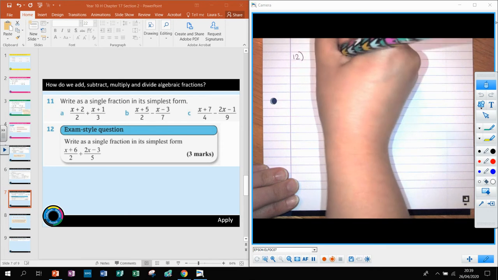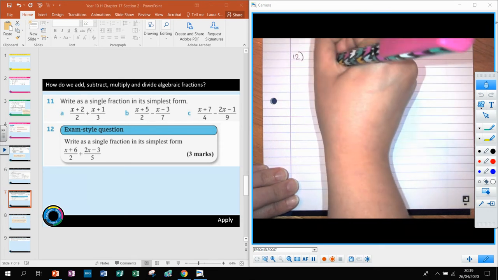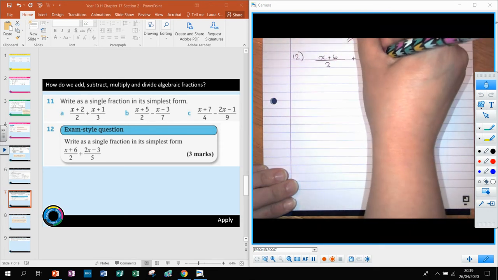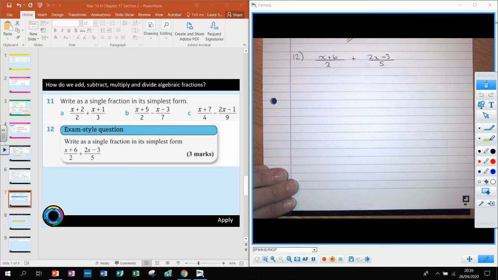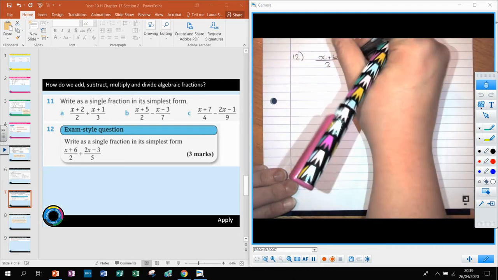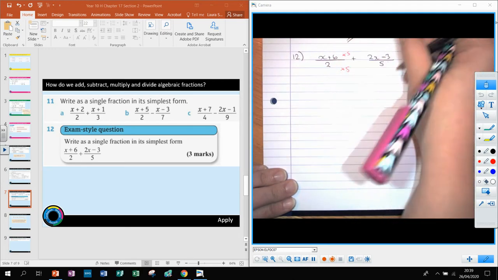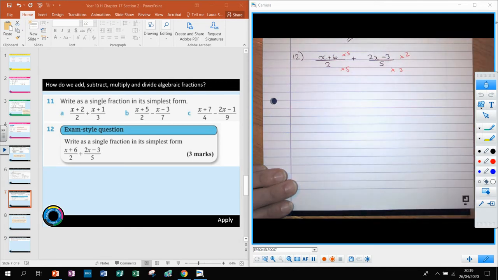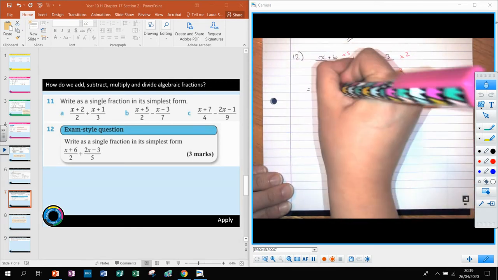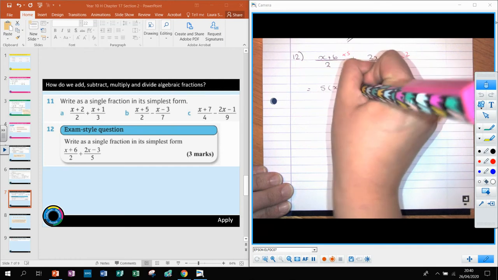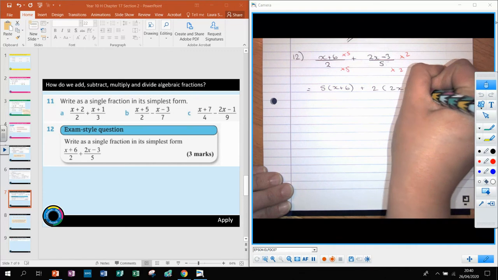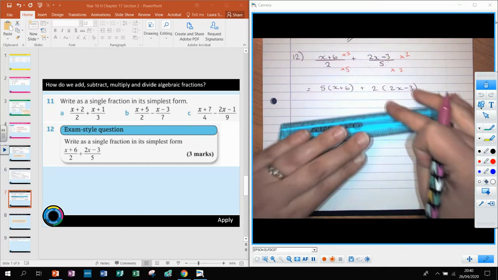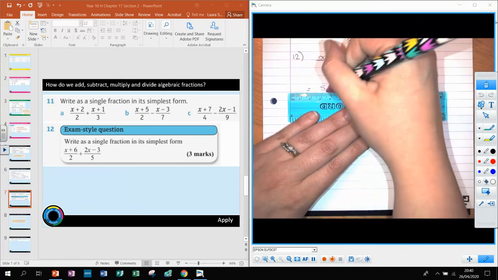Okay, so we have x plus 6 all over 2 plus 2x minus 3 over 5. Okay, we need to have 10 as our denominator. And so we get 5 brackets x plus 6 plus 2 brackets 2x minus 3 all over 10.